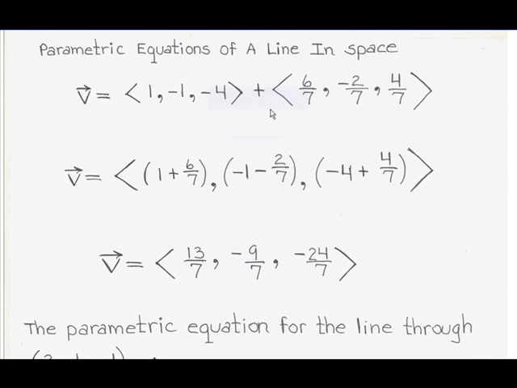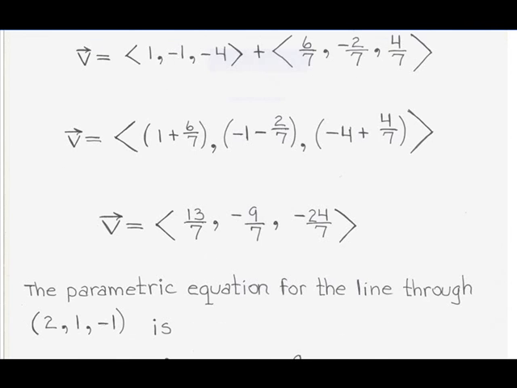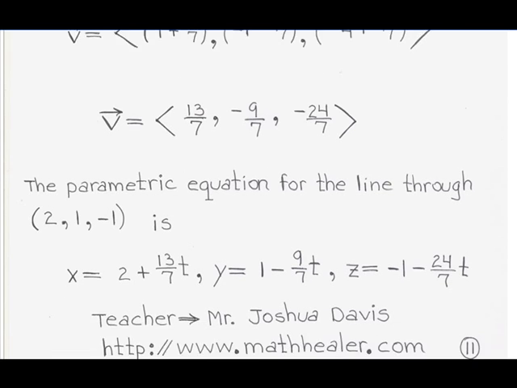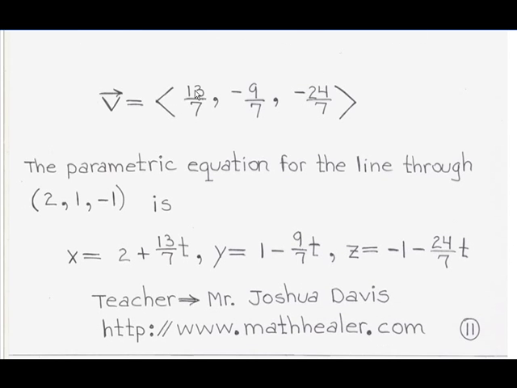So now after multiplying this second vector notation through by the negative, we now have 6 over 7, negative 2 over 7, and 4 over 7. Now we can add the corresponding coordinates of these vectors. So by addition, we have 1 plus 6/7, negative 1 minus 2/7, comma, negative 4 plus 4/7. And after combining, we get that vector V is equal to 13 over 7, comma, negative 9 over 7, comma, negative 24 over 7.